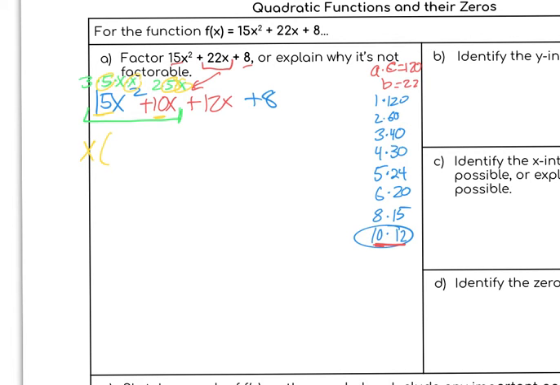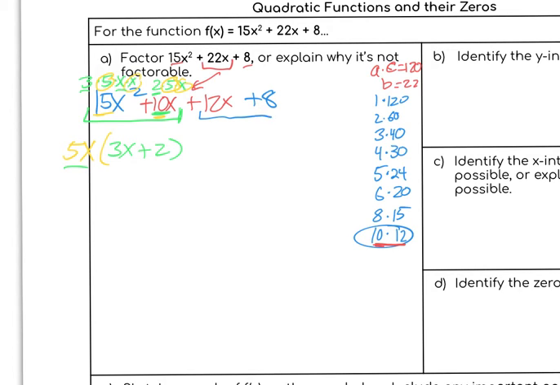Again, I can see that up top as well. If I divide 15x squared by 5x, I've got a leftover of 3x. And I can see that up top. Same thing for the next thing. If I divide 10x by 5x, we're left with a plus 2. And again, I could see that up top if I did that factoring method.